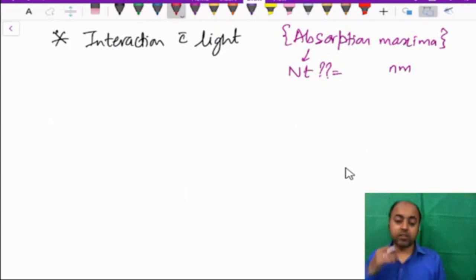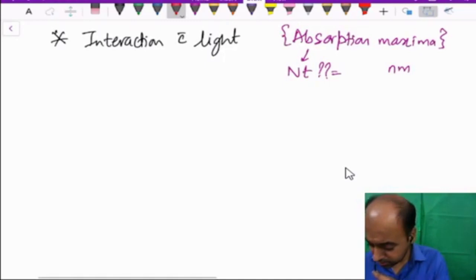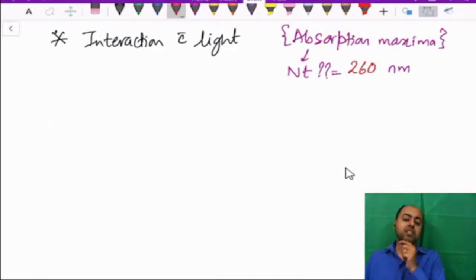What is the answer? The answer to this is 260 nanometer. The nucleotides will show maximum absorption at 260 nanometer. This is the absorption maxima for nucleotides.